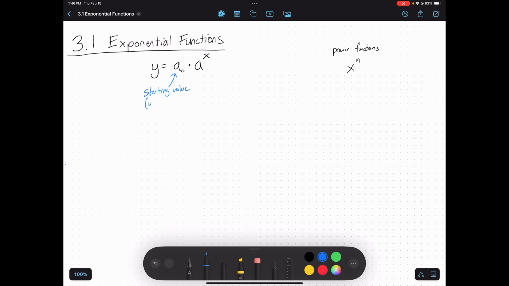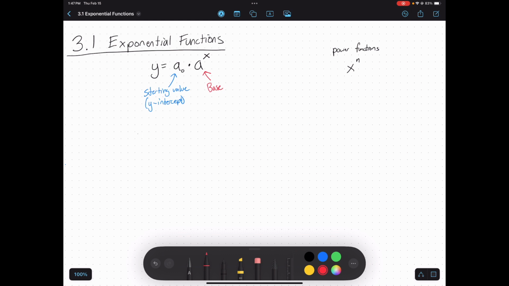We can also think about this as my y-intercept. Right? What's your value when x is 0? We call a the base. And then x, of course, is usually either just my variable or some function that has my variable in it.